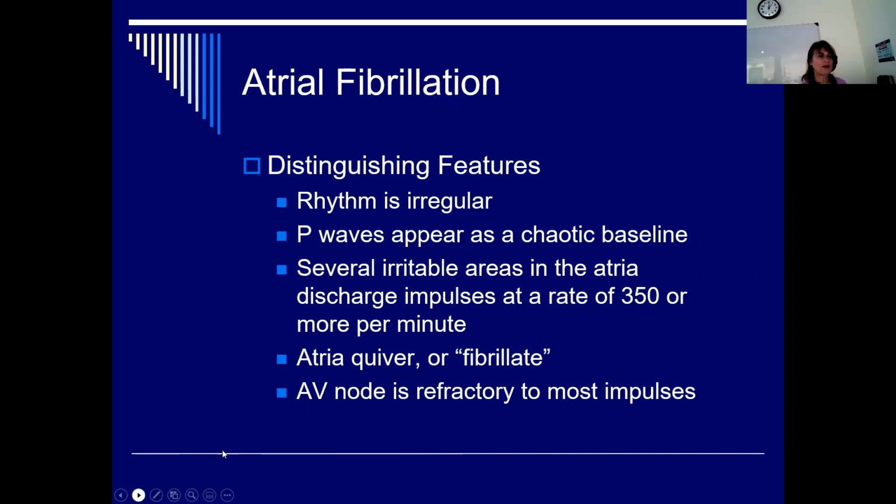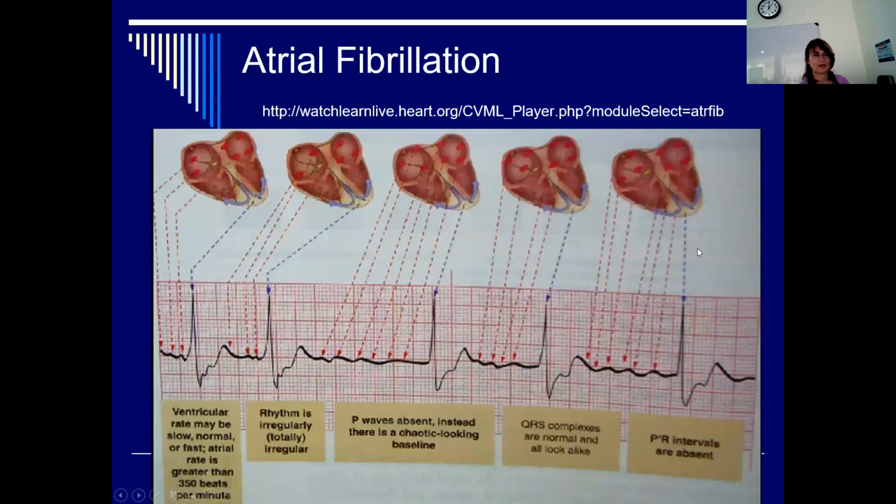We show it to you and then I'll come back and go through the list. All right, so just upon a quick glimpse, you notice that the rhythm is very irregular. It's so irregular that your eyes notice it right away. Can you see how there's a real long pause, another pause? This one's a short pause, a long pause. I shouldn't call it a pause. I should call it the distance between the R waves.